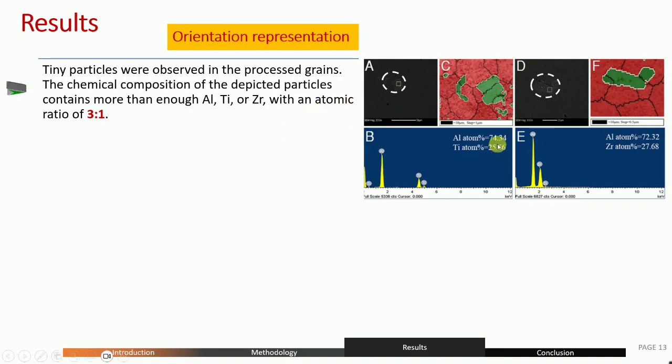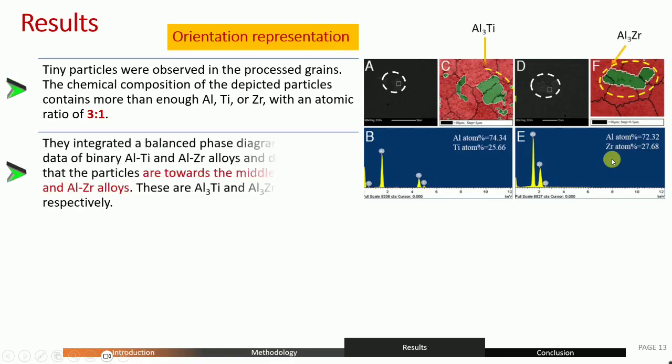We can see this percentage: 74.3% is aluminum and 25.6% is titanium. So it is approximately 3:1 in ratio, and the same with zirconium and aluminum. So they have found that Al3Ti, that is the intermetallic, is actually in the middle of the matrix.